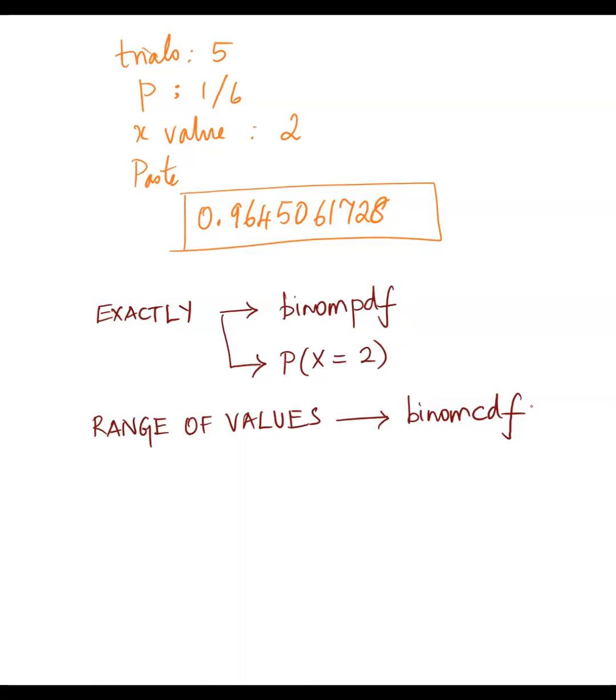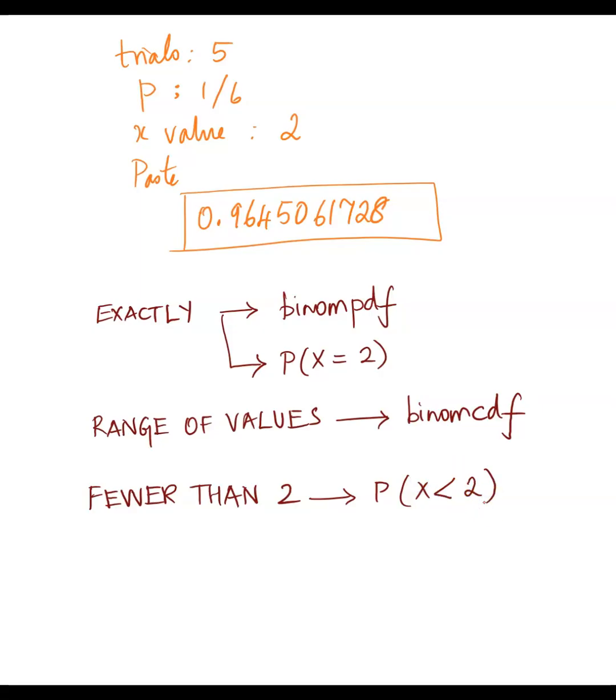So let me give it to you with an example, and I'll illustrate this. So the probability of getting fewer than 2 successes would mean the probability of x less than 2, strictly less than 2.